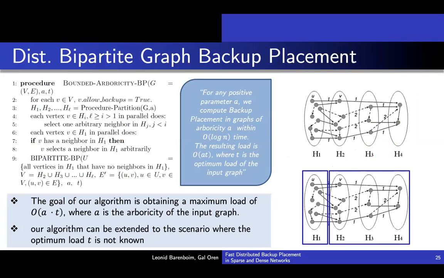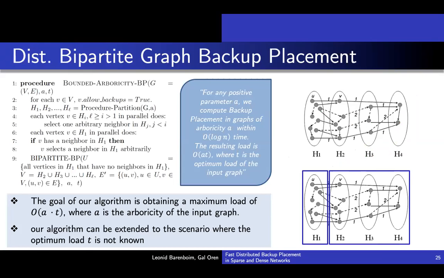We keep all of the previous assumptions we had regarding the knowledge or obliviousness to T, and vertices still need to know A, although they might intrinsically know it. For example, in planar graphs, vertices know that the arboricity A is bounded by 3.